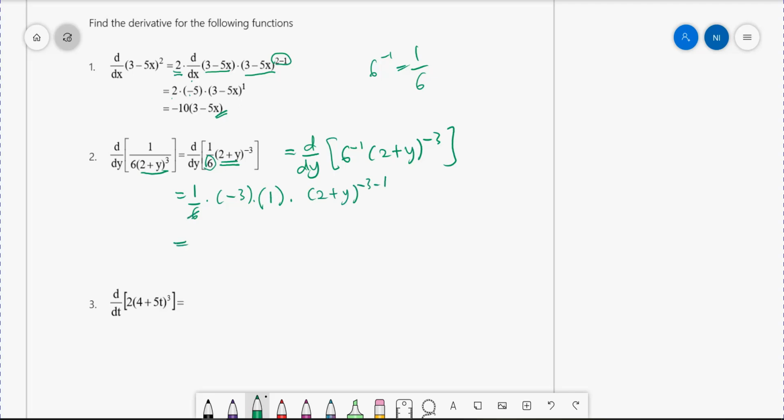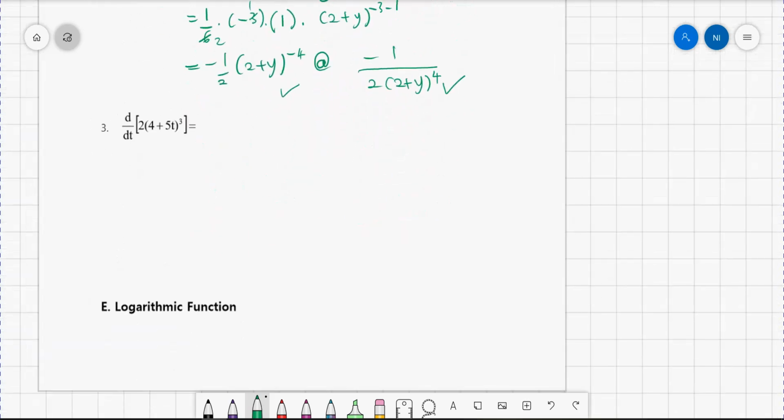Therefore, this one can be simplified: negative 1 over 2, (2 plus y) to the power of negative 4. If you want to write your answer in positive index, you can also write it as negative 1 over 2(2 plus y) to the power of 4. Both are correct. No worries about that.